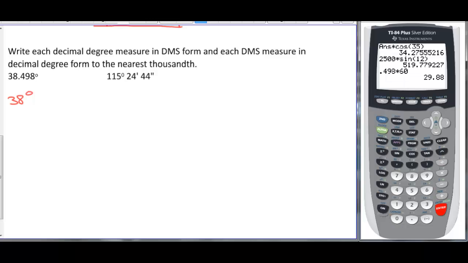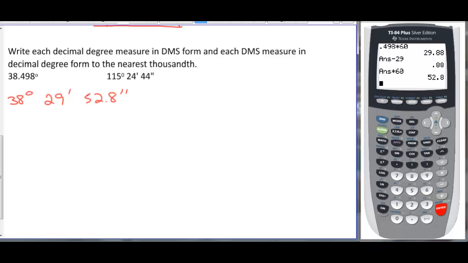So there it is, roughly 30, but we'll say 29 minutes. Then we take that 29 off, take the whole part off again, and we'll take 0.88 times 60 again, which is 60 seconds. So you keep just taking that decimal part and keep going with it. And then we have 52.8 seconds.